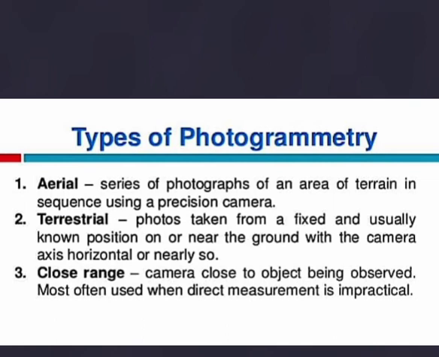Then we'll be having the third type, that is close range photogrammetry, CRP. It is simply photographic data collection and processing where the subject is less than 1000 feet away. What I have written here is the camera close to the object being observed, most often used when direct measurement is impractical.